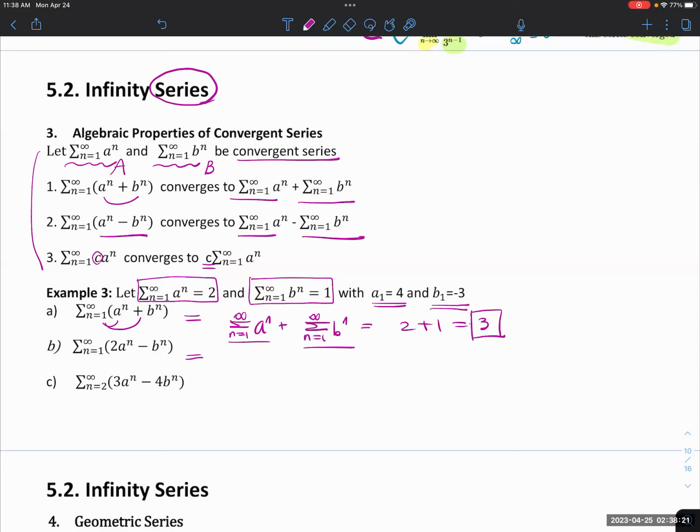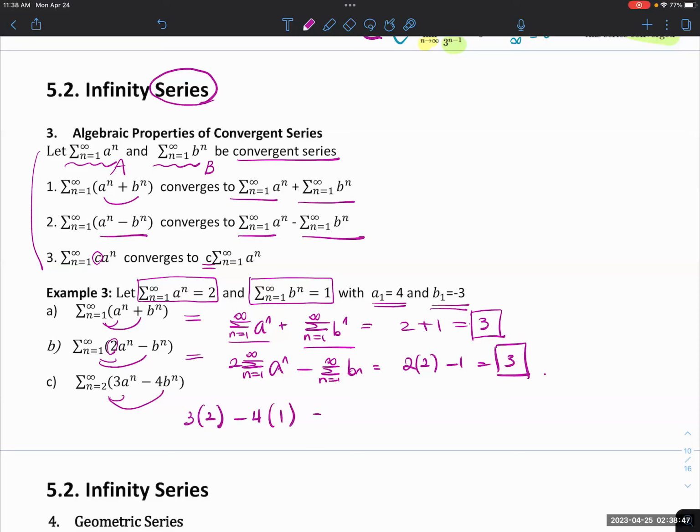Second, I can separate it again, and 2, I can bring to the front: 2 times the sum of an, minus the sum of bn. 2 times 2 minus 1, still 3. So you can operate on them. The last one, you can just think about it: 3 times 2 minus 4 times 1, 6 minus 4 will be 2. So you can operate on the series as well if it is convergent. Okay.